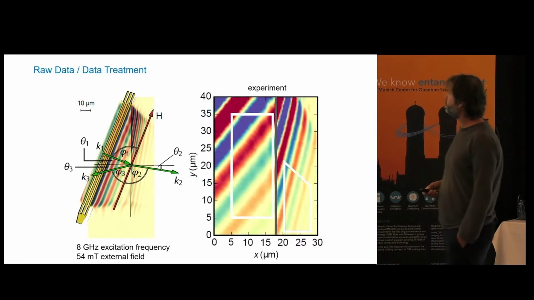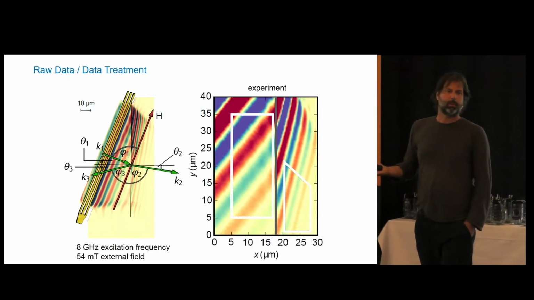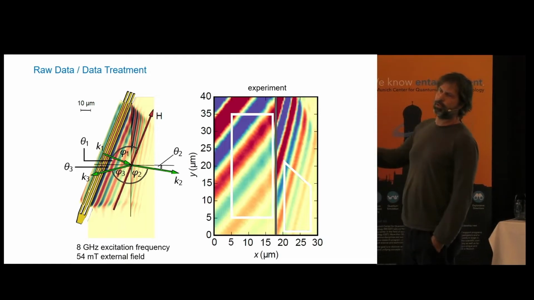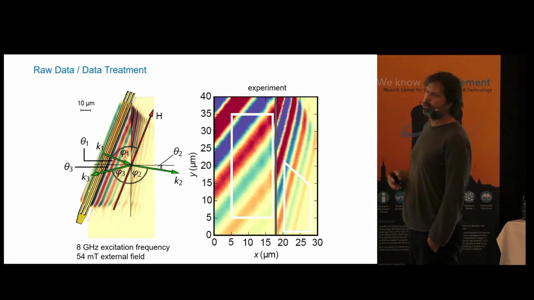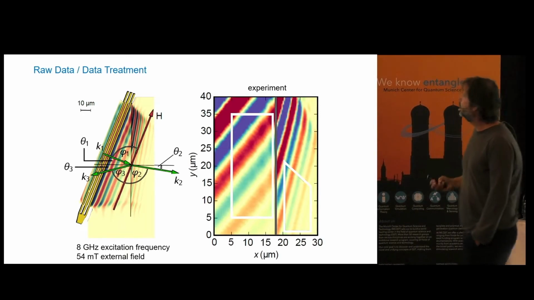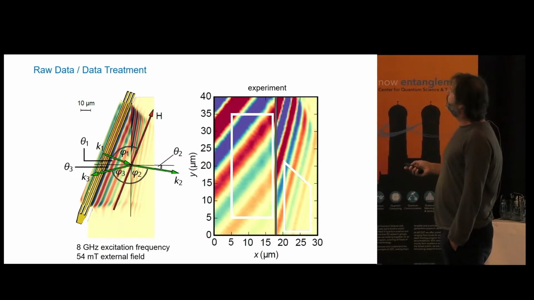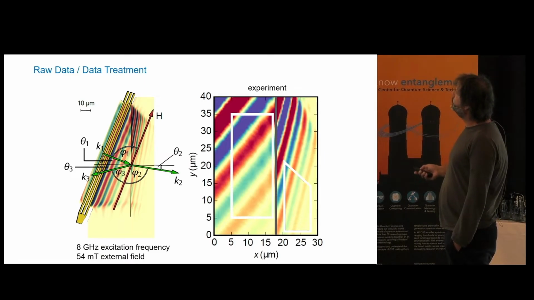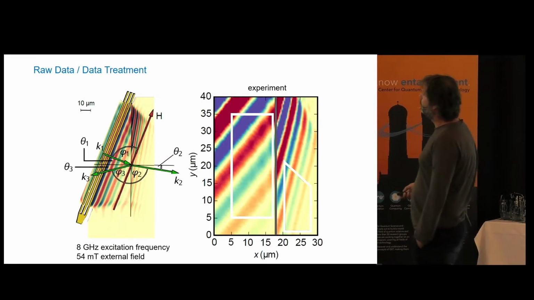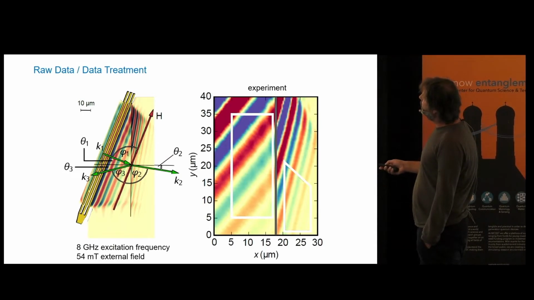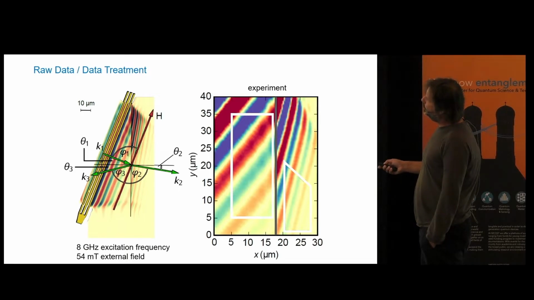Okay, now if you do this experiment, essentially this is what you do. You take images as a function of frequency, for example, or as a function of magnetic field, and we always do various phases so we get the full information. And you can see, in fact, a reduction of the wavelength. What we can deduce now are all these k vectors, and indeed you also see the reflected wave vector.